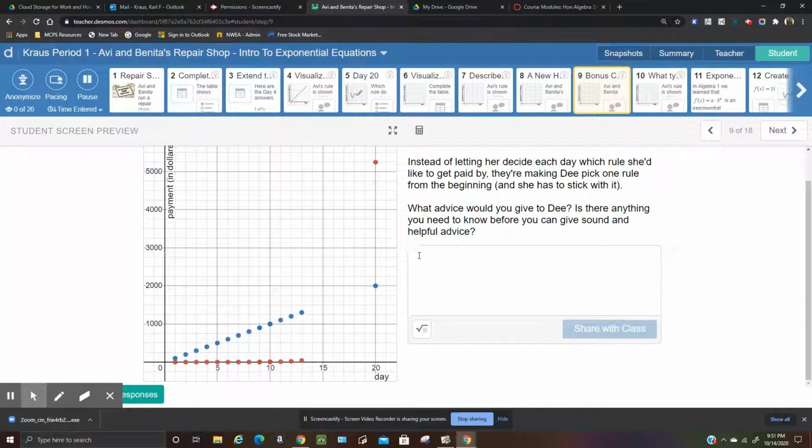So same idea with D, depending on how many days she's going to work. You should pick Avi's rule.